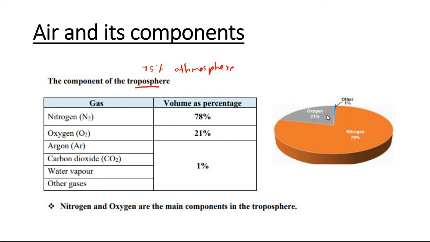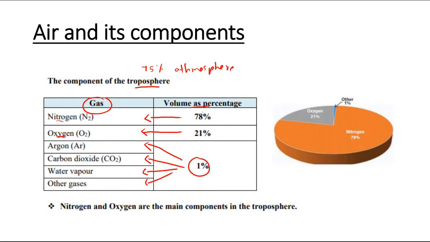Now here in this table you can see the gases we can get in the troposphere and their volume as a percentage. 78% of the troposphere is composed of nitrogen gas, 21% is composed of oxygen, and the remaining 1% is composed of gases like argon, carbon dioxide, water vapor and several other gases.